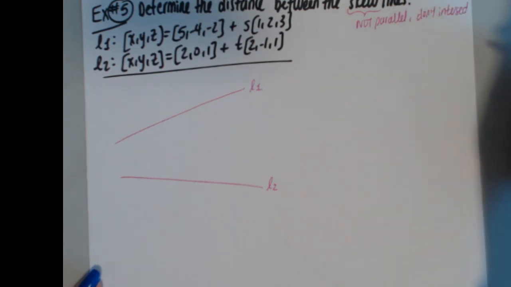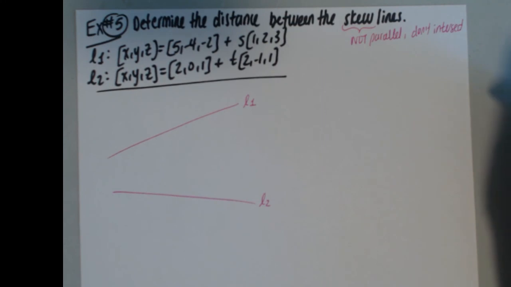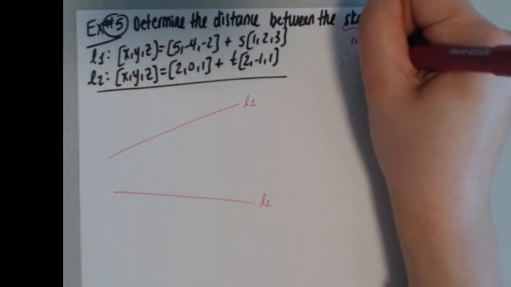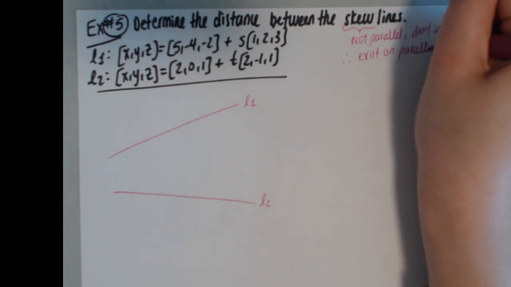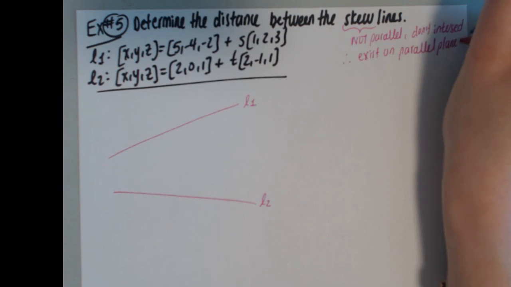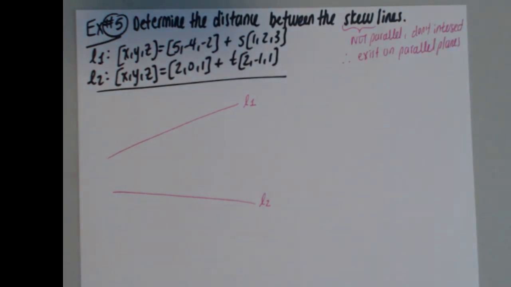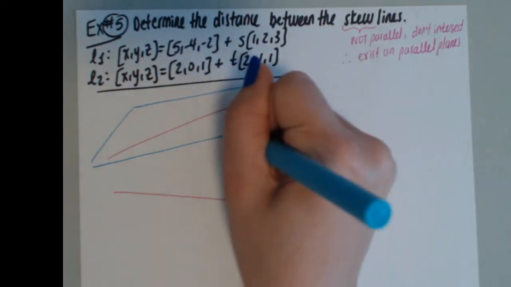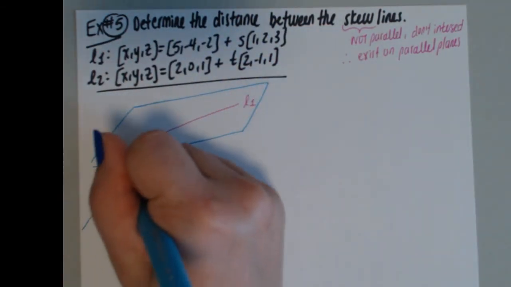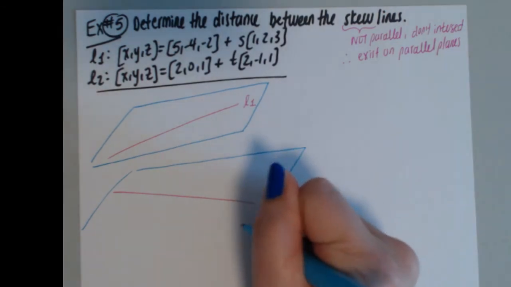So I'm going to take these two lines and place them on parallel planes. Now you could place them on planes that are not parallel, but that wouldn't help you get to the answer. In order to get to the answer here, we're going to place them on parallel planes. Okay, so for example, here is one plane, and here is another.